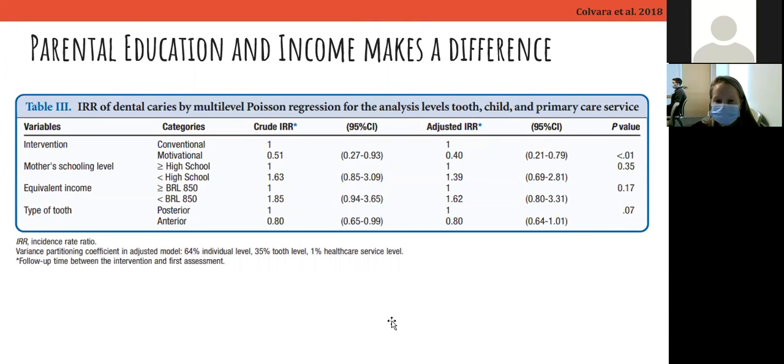So when they controlled for parental education and income, they found that this made a significant difference. Prior to controlling for these, they had a significant difference between the conventional and motivational interviewing groups. After controlling for educational level and income level, they found that these were no longer significant.